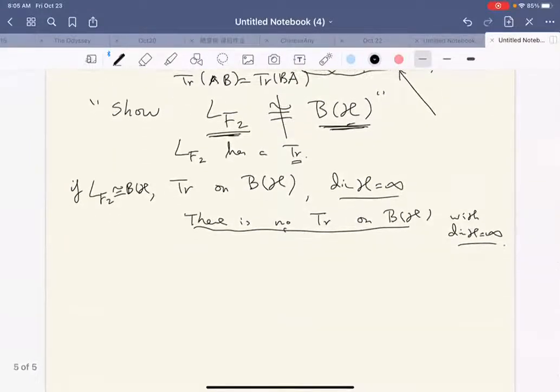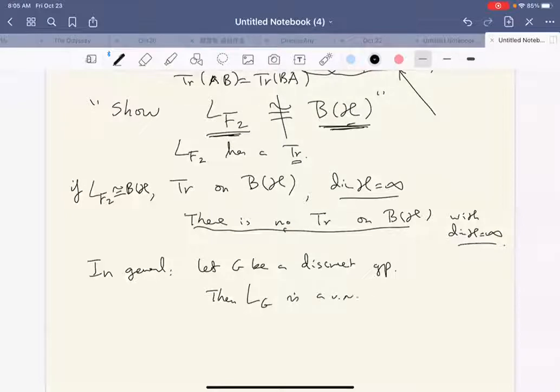So in general, for G, let's say for convenience, a discrete group, LG is a von Neumann algebra with a trace. So this is completely general.